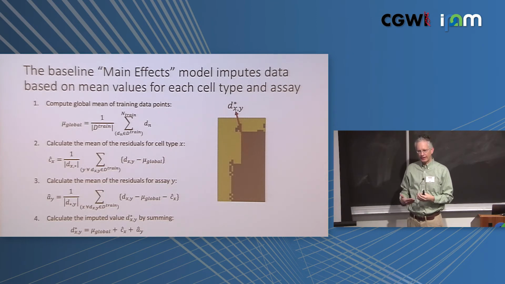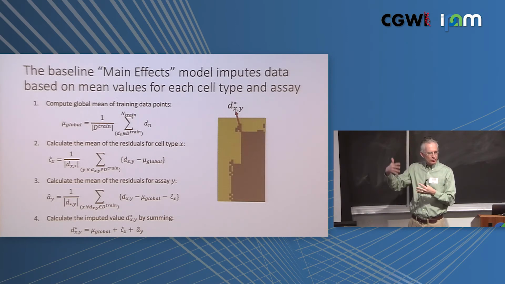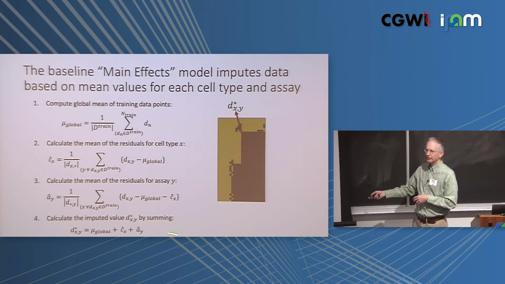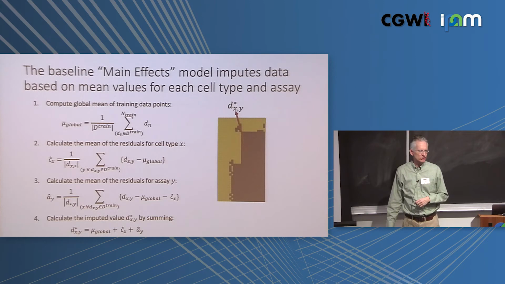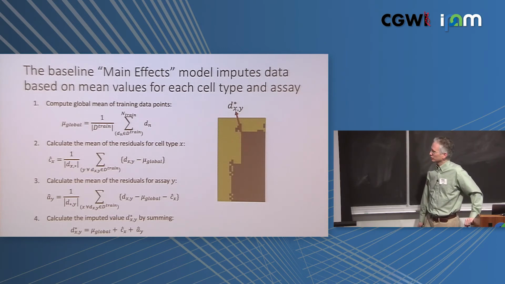We're going to subtract that out, and then we're going to look at the residual and take the average for that cell type, and then we subtract out those cell type residuals, and you take the average for each assay type, and those 3 values added together give you an imputed value for the given position. And that turns out to be a really very simple model that actually, for a long time, was hard to beat, honestly. It works pretty well.